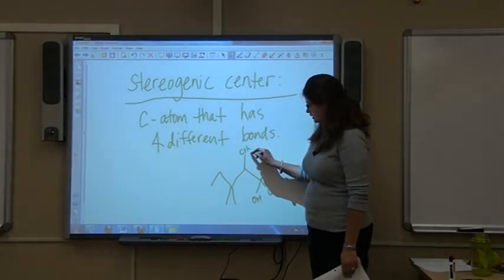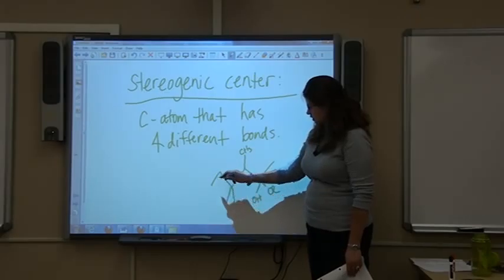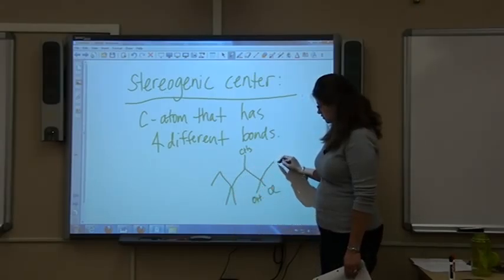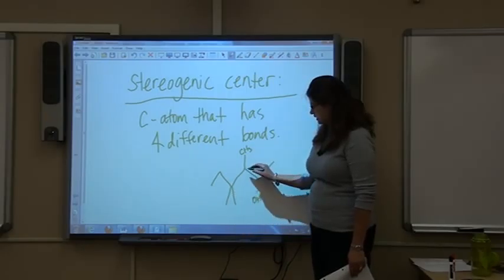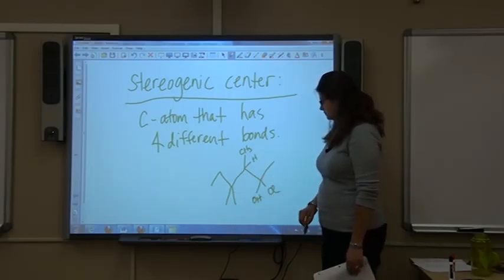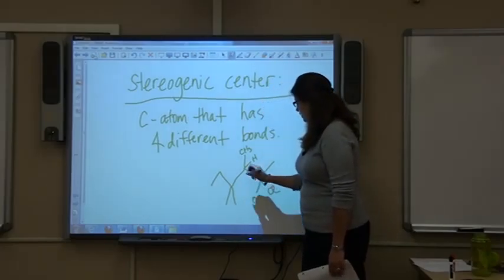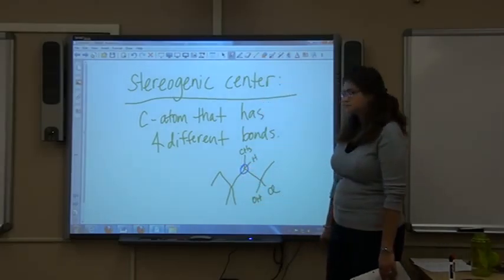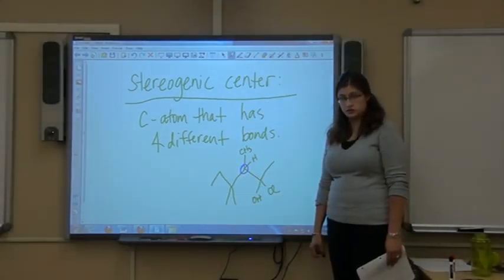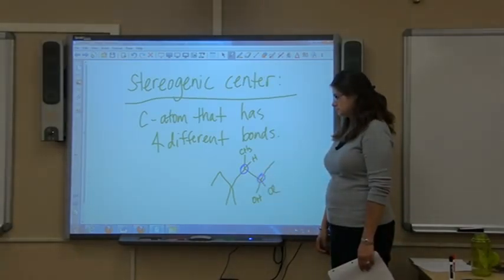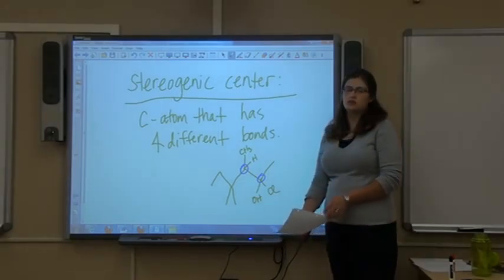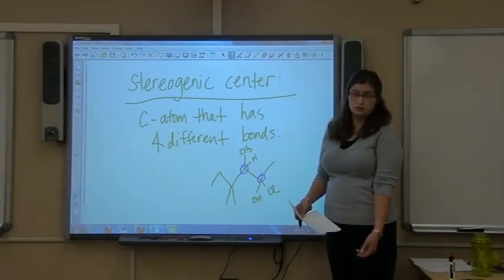I'm just going to write that in. You have this R group, which is not the same as this one. There are different things attached here. And then you have that H. So here you have a stereogenic center. There's one other stereogenic center in this molecule. It's right there. So that's how you can identify stereogenic centers.